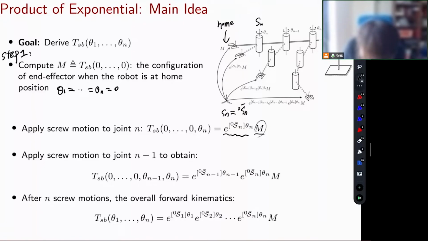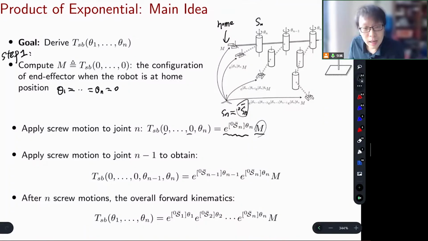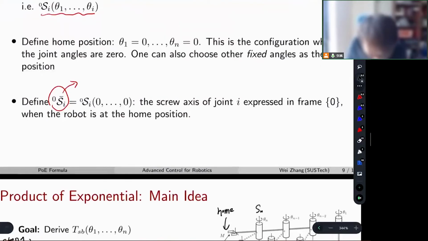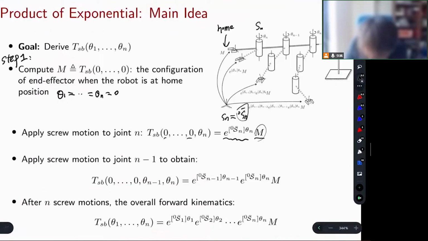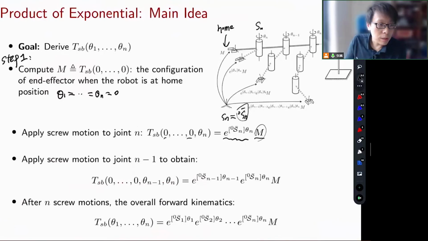All these guys are 0, and so by definition it is that. So Sn actually only depends on the joints before it. It's just the numerical value we computed when everything is at home position.